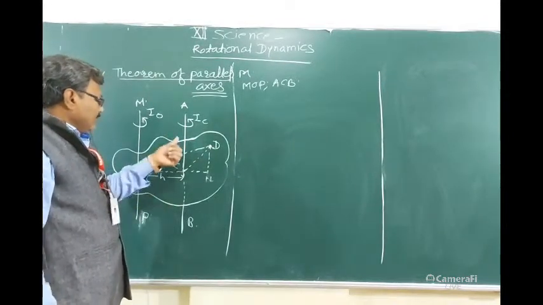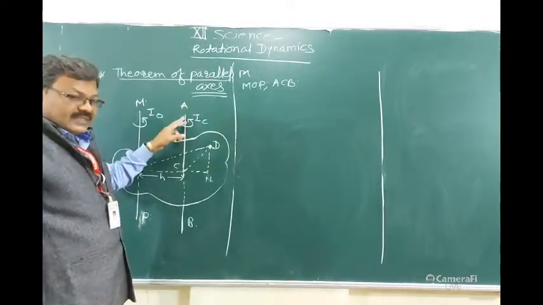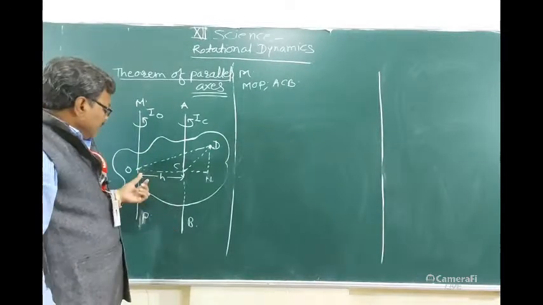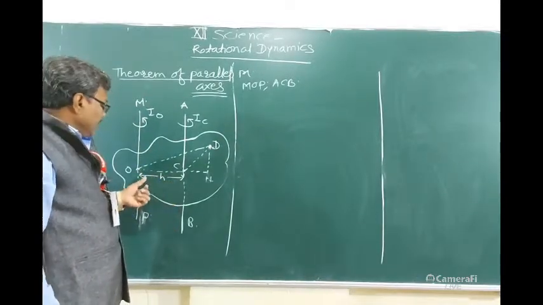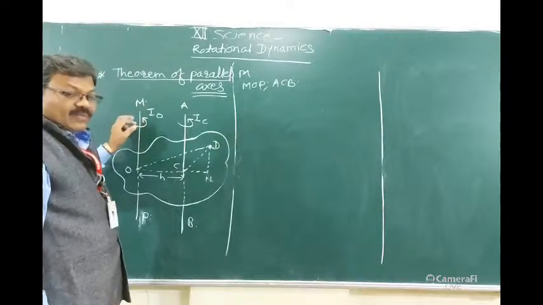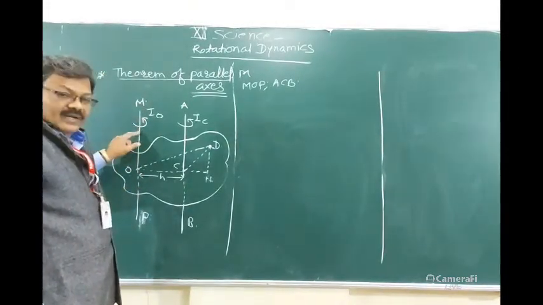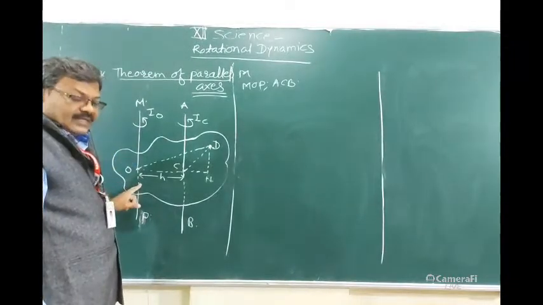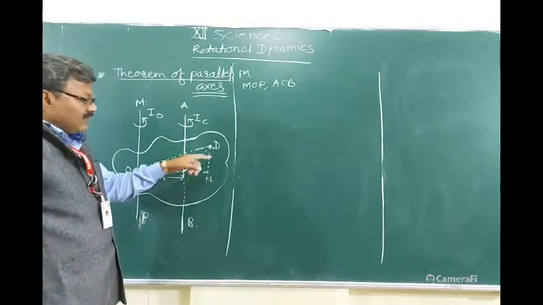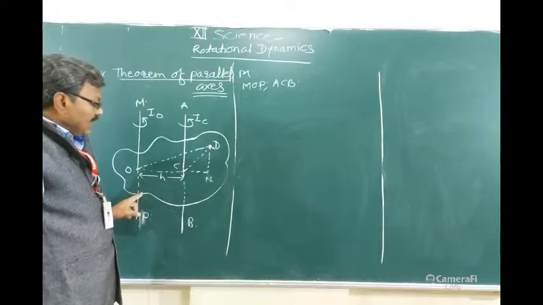Actually, this axis ACB is at distance h from the given axis, and now we want to find the moment of inertia of this object or body about this axis.